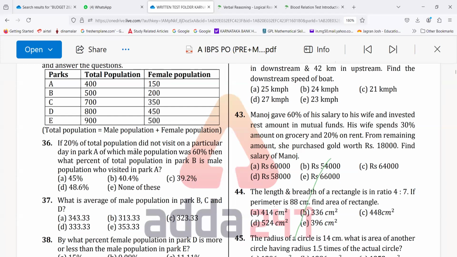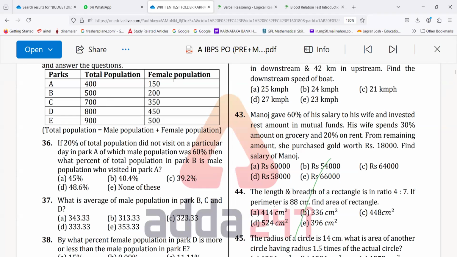If 20% of the total population did not visit on a particular day in Park A, of which male population was 60%, then what percent of total population in Park B is male population who visited in Park A? So 20% means it comes to 48.